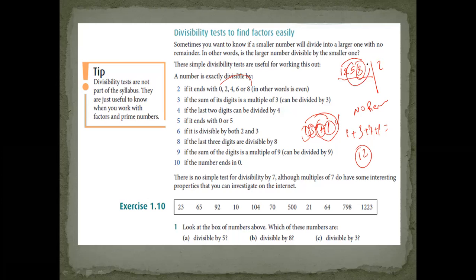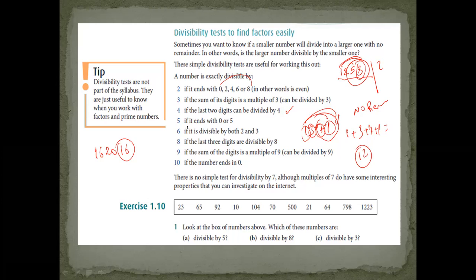For example, 58. 58 is also not divisible by 4, not a multiple of 4. That's why these two big numbers are not divisible by 4. And the other example I want to write here, 16. 16 is exactly divisible by 4, because 16 is a multiple of 4. 4 times 4 is 16.